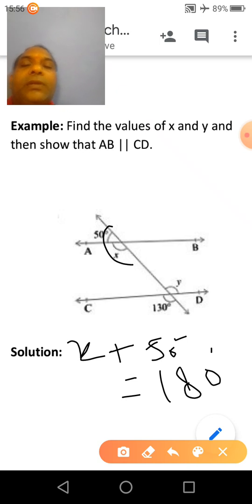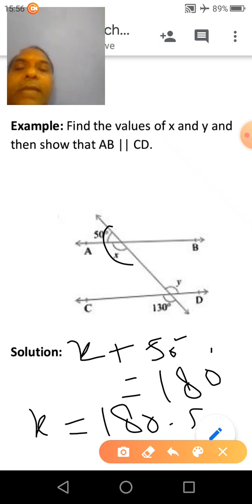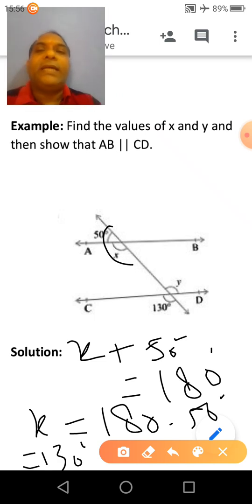Clear? So X will be equal to 180 minus 50, which is equal to 130 degrees. Clear? You can find X easily.